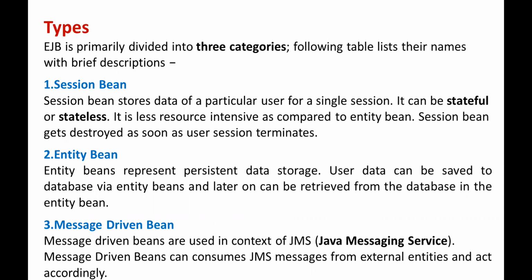In the examination, you may be asked for the explanation of MDB, so you should know what MDB is. It is a message driven bean, and it is very important to execute the EJB specification of the application server.